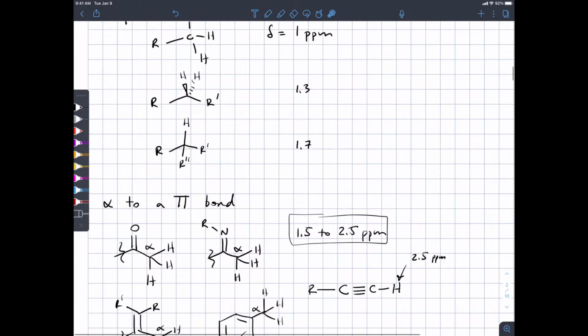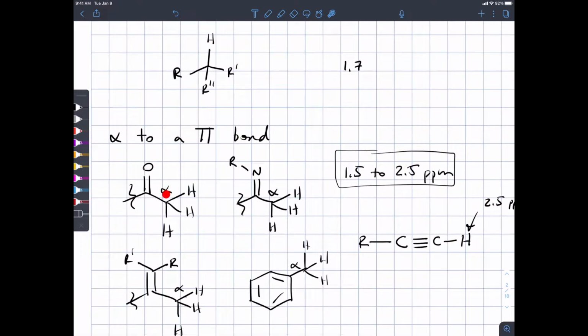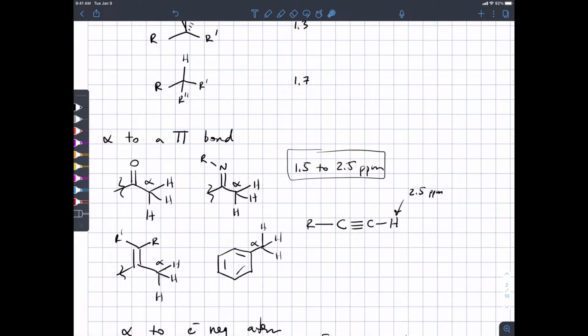Another situation is protons that are alpha to pi bonds. There is some electron circulation in a pi bond that causes some de-shielding in the immediate vicinity of the pi bond, but in the range of about 2 ppm, you tend to see protons that are alpha to pi bonds.